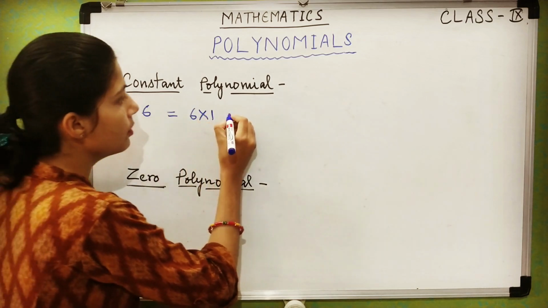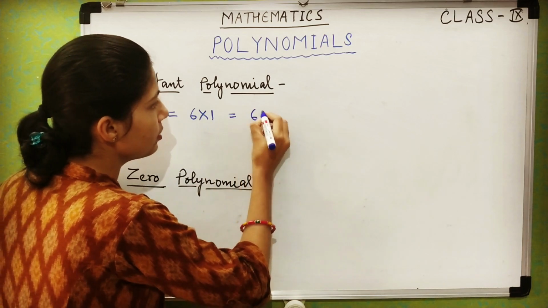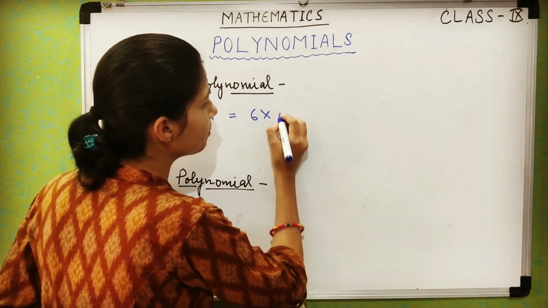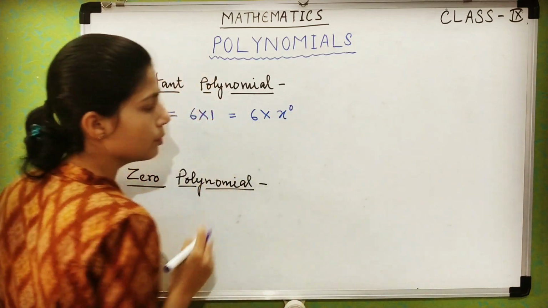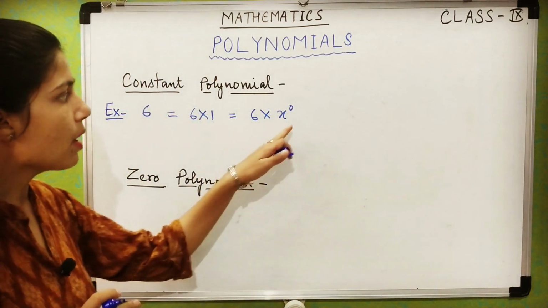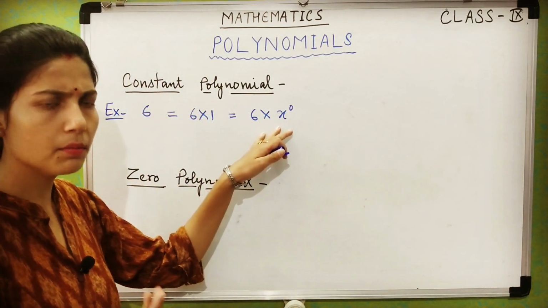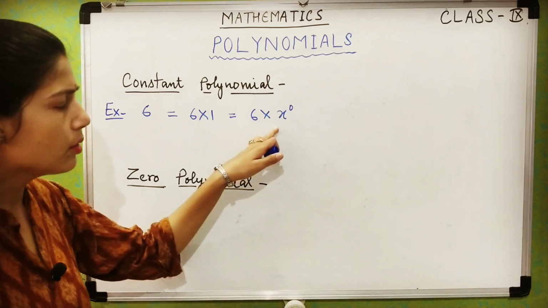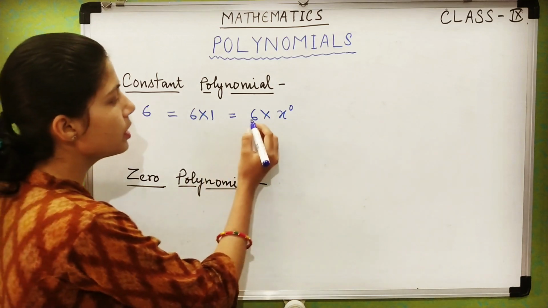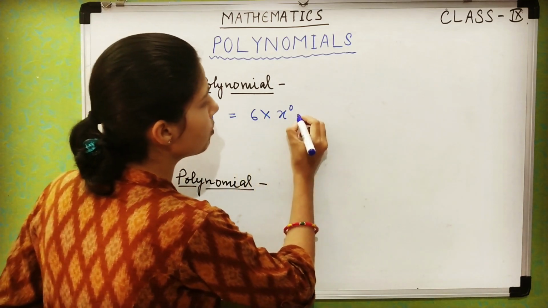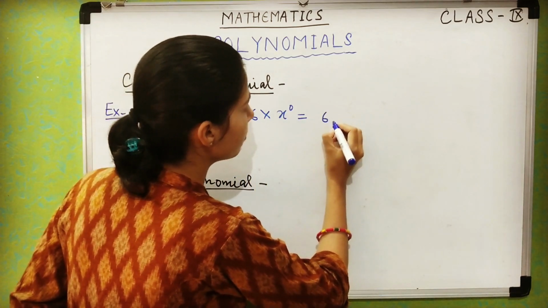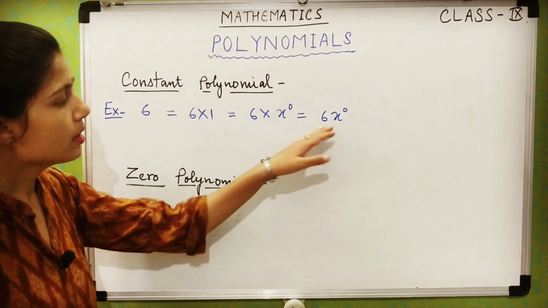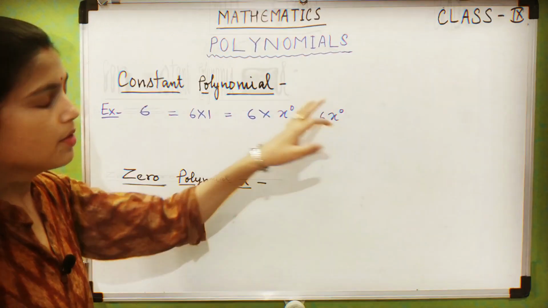In place of 1 we can keep x raised to power 0, because we know that if the power of any variable is 0, then the answer we will get is always 1. So 6 into x raised to power 0, that is 6x raised to power 0.